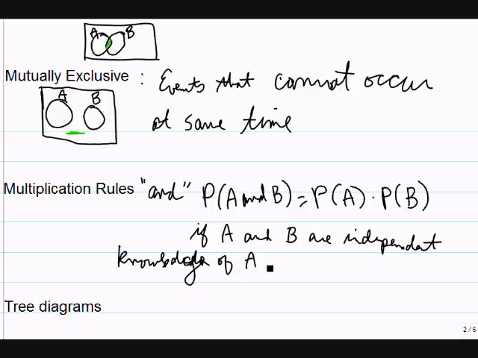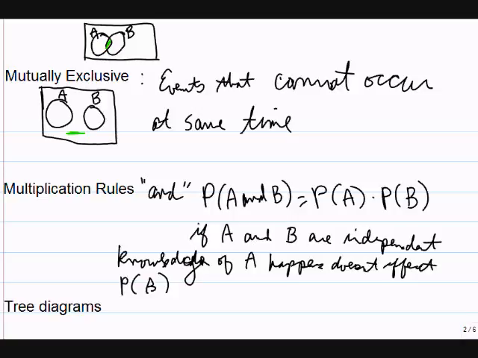So the knowledge that event A happens doesn't change the probability of B. It's always the same. Okay? And the easiest way to think about that is with replacement.